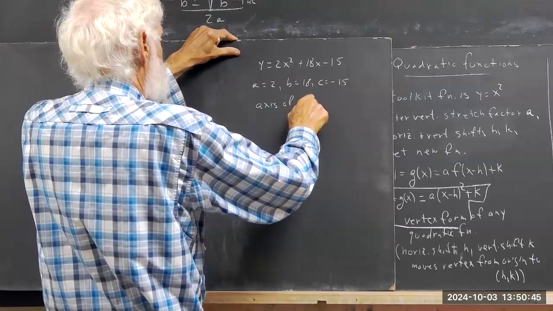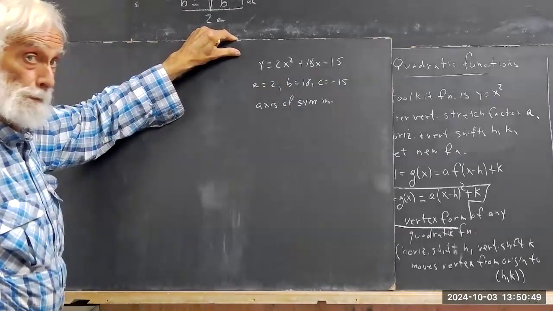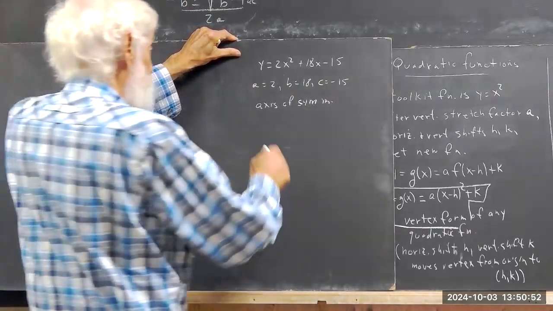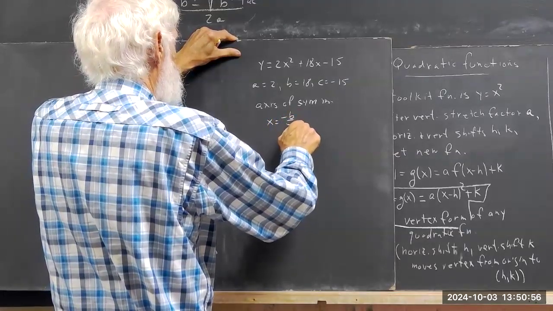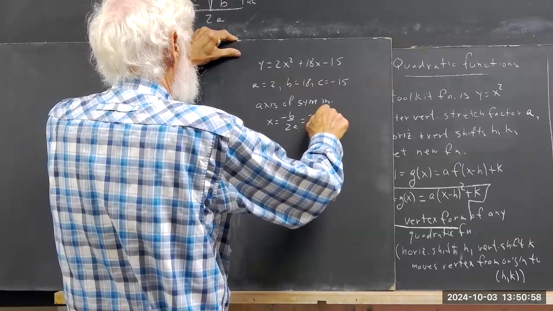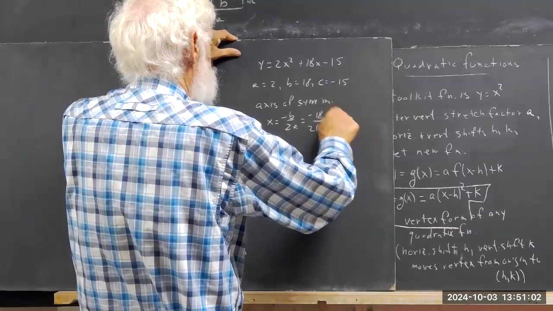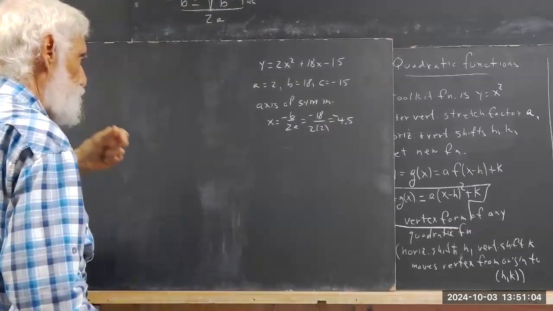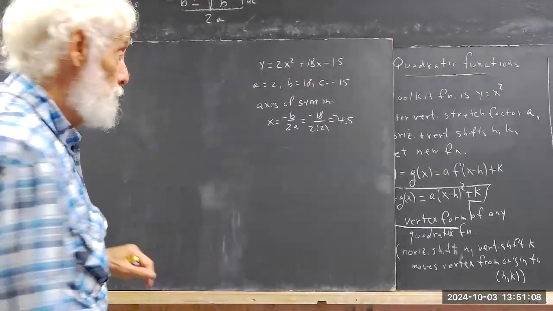The axis of symmetry. You get to where you can do this just as quickly as I do. Same every time. Axis of symmetry, x equals negative b over 2a, which is negative 18 over 2 times 2, which is negative 4.5.